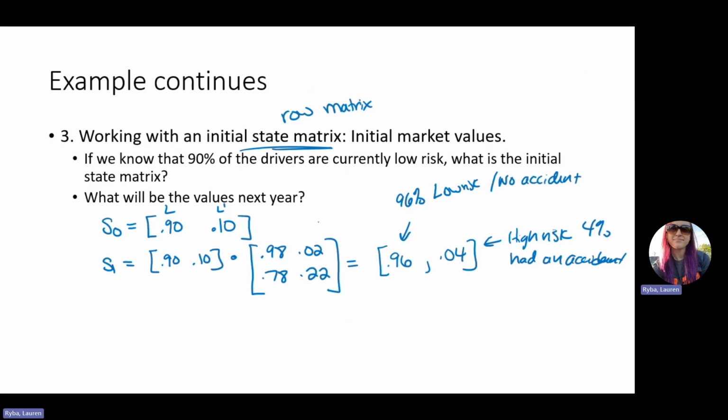And then if I wanted to keep going through this process, like if I wanted to find, okay, well, what's going to happen in the next year? Well, I would take this one, the previous, and again, times it by the transition matrix right here. And then that's going to give me, what do I have the following year? That is if there are no external factors, right?